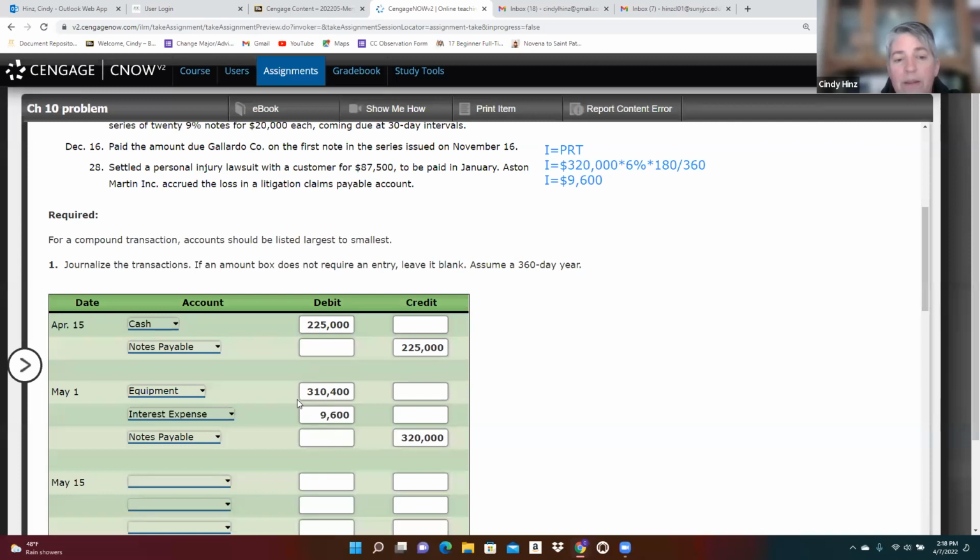And then the value of the equipment is not the full face value of the note, because when we discount the note, the interest is included in that face value. In other words, we subtract the interest from the principal or the face value of the note. And that's what we mean by discounting it. We're removing the interest.